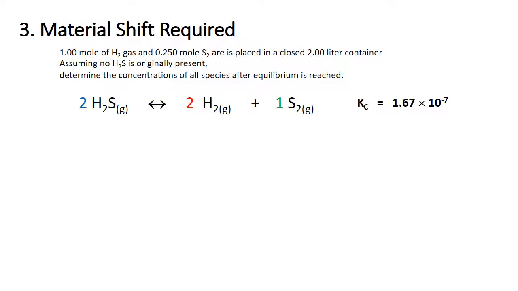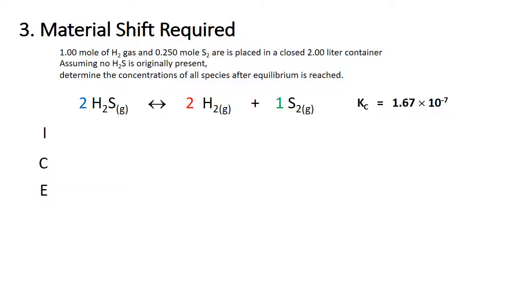The worst is now behind us, now that we've done the material shift, and solving the equilibrium problem is a straightforward process that, as you'll see, involves using the x is equal to 0 assumption. The arithmetic is trivial. But to continue solving this problem, we do need to tackle the ICE problem, the equilibrium problem. And to do so, we need initial concentrations.